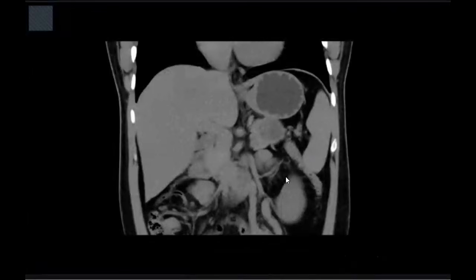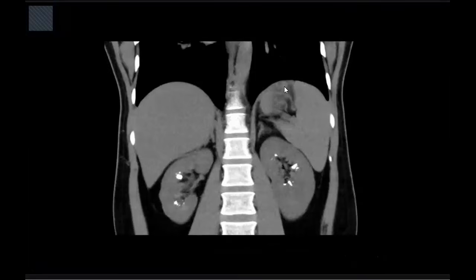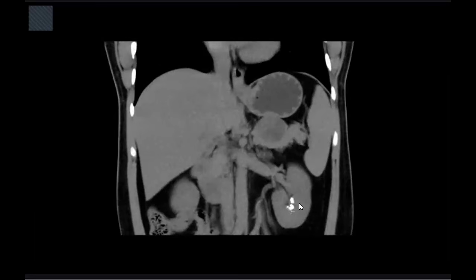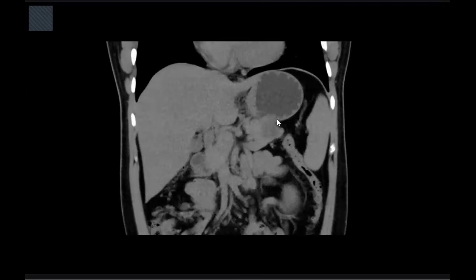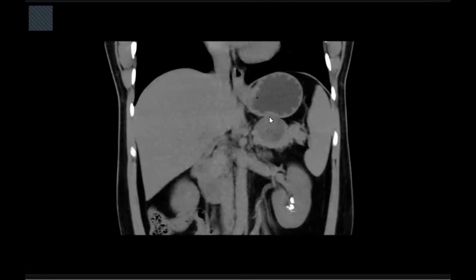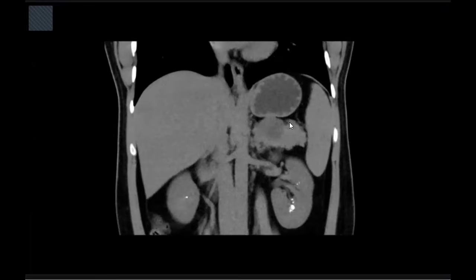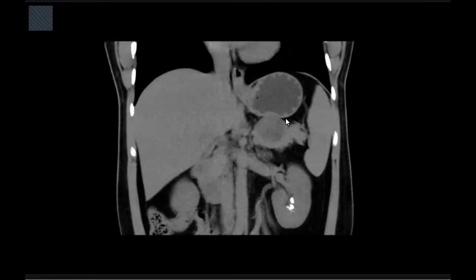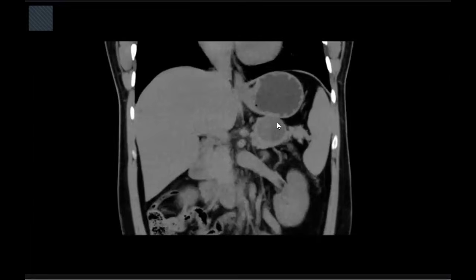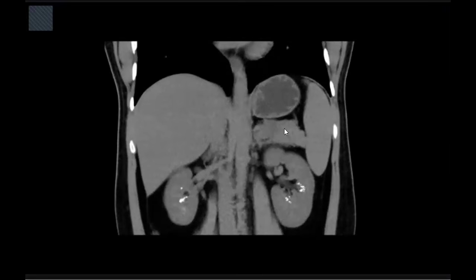Now I'm provided with the coronal images, and I'm trying to scroll through them. Here I could appreciate that the same findings are redemonstrated. There is bilateral medullary nephrocalcinosis, and this lesion, which was seen earlier, is seen to be arising from the stomach as an exophytic lesion, because I cannot appreciate an intact fat plane at this level between the stomach and the lesion.